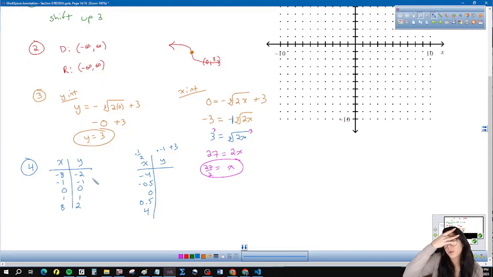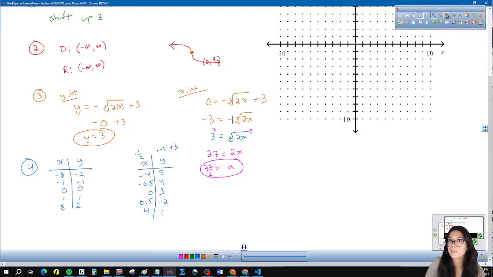For the y values, first multiply by a negative, then add 3. So -2 times -1 is +2, plus 3 is 5. -1 times -1 is +1, plus 3 is 4. 0 times -1 is 0, plus 3 is 3. 1 times -1 is -1, plus 3 is 2. 2 times -1 is -2, plus 3 is 1.